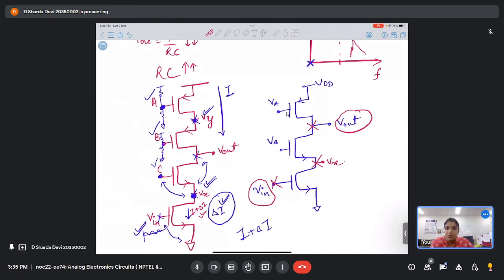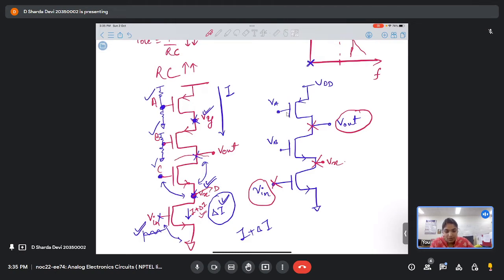So how is it possible? It will try to adjust its other nodes, like source and drain nodes. For this bottom transistor, it will affect its drain node.